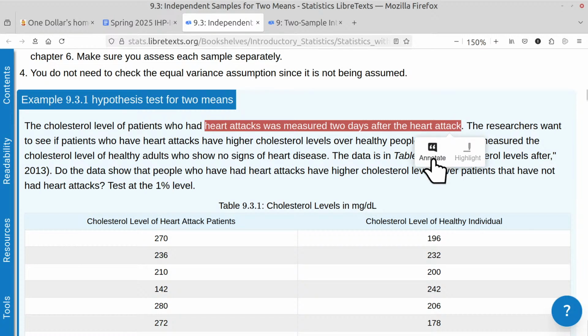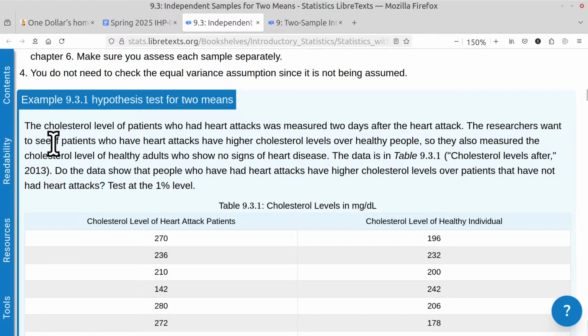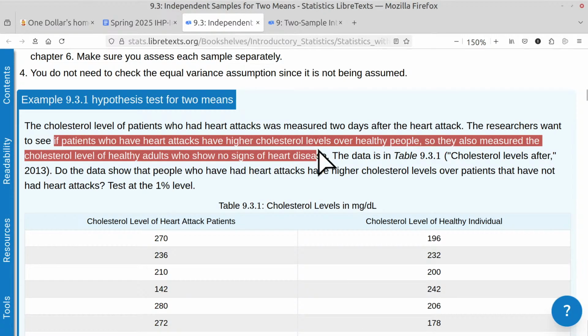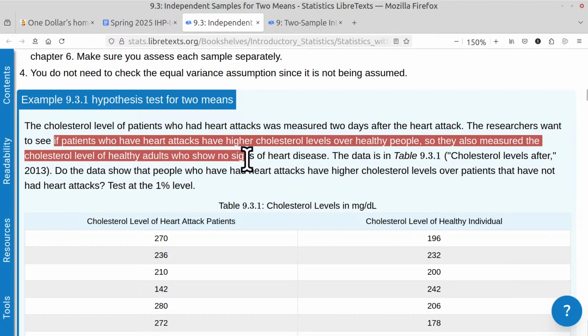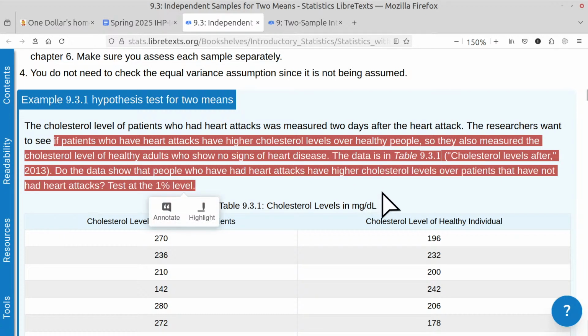The researchers want to see if patients who have heart attacks have higher cholesterol levels than healthy people. So they measured the cholesterol level for healthy adults who show no sign of heart disease. The data is in Table 9.3.1.